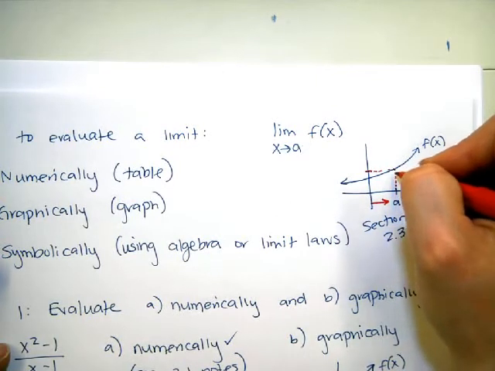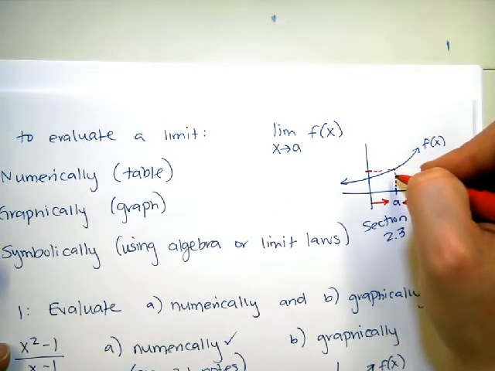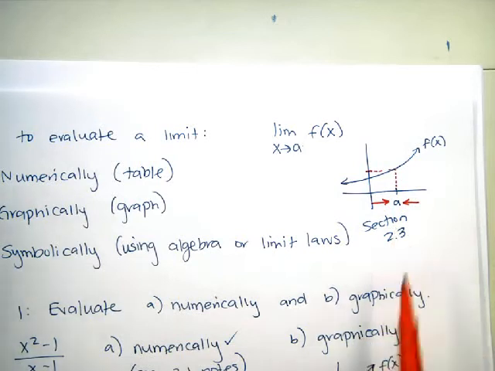This isn't always going to be f of a, okay? Because remember that when we're doing a limit, we're not saying that x is a, right? We're saying that x is getting ridiculously close to a, but not a. It's close, but it's never the same thing. They're just very close to each other.